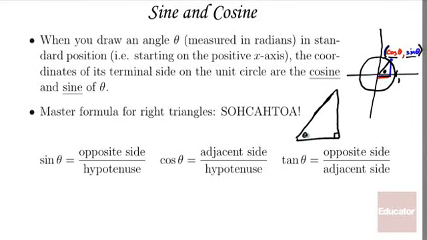The one next to theta is called the adjacent side. The one opposite theta is called the opposite side. And the long side is called the hypotenuse.